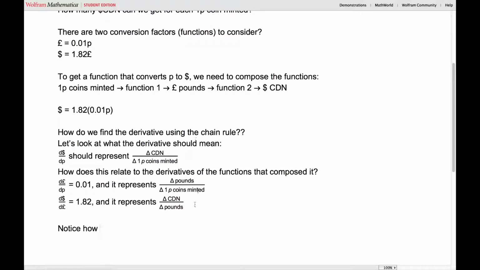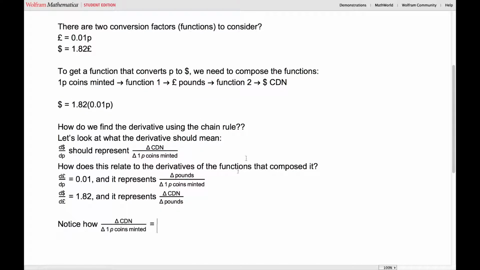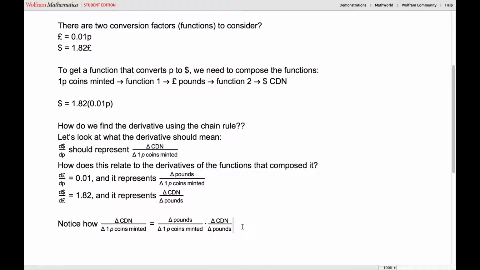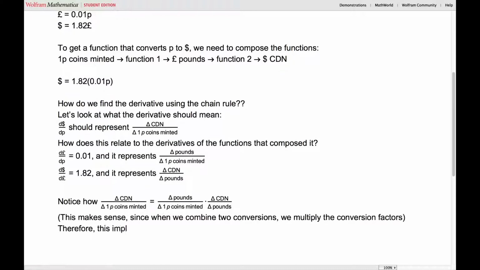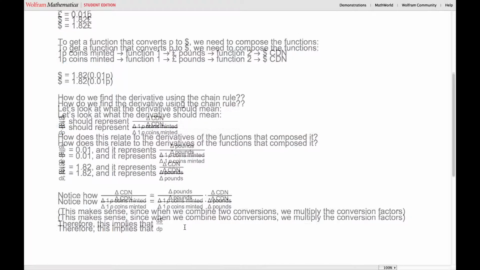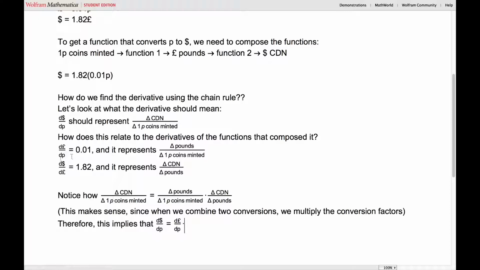And you notice how the derivative of this whole thing is actually equal to the two component derivatives multiplied together. As you can see there, the pounds on top and on the bottom cancel out, and you end up with the correct derivative. This makes sense because, when we combine two conversions, we multiply the conversion factors. Therefore, d dollars over dp is equal to d pounds over dp multiplied by d dollars over d pounds.